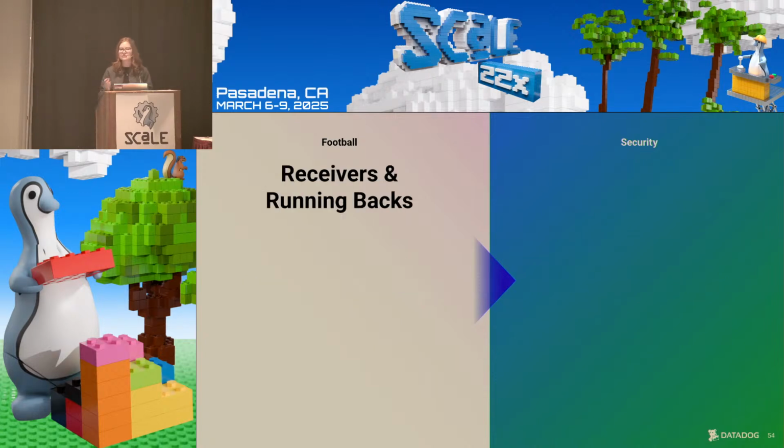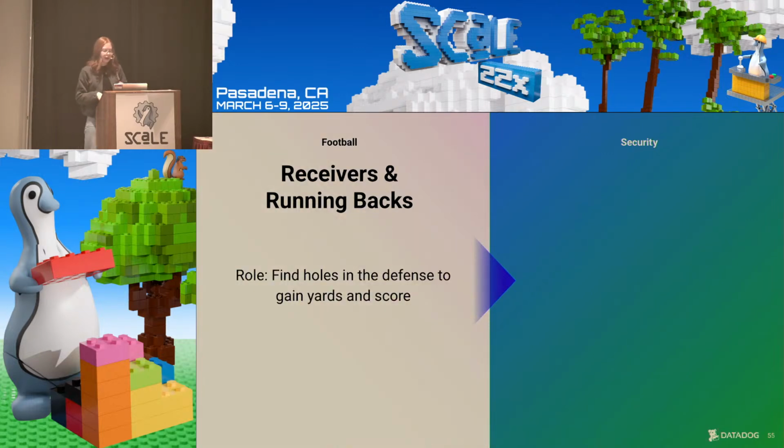But now we have our receivers and running backs. Our receivers are the ones who normally catch the ball, and the running backs are normally the ones who run with the ball. And their goal is trying to find holes in the defense. They are trying to score.